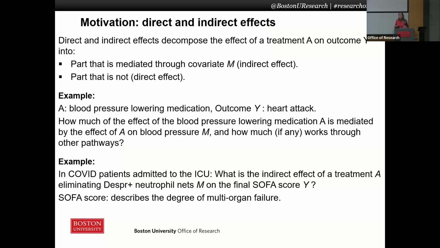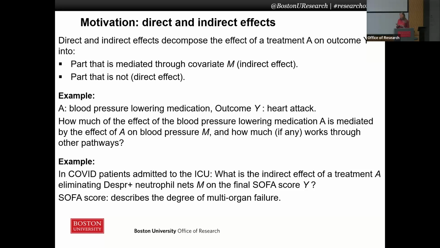For example, A could be a blood pressure lowering medication. The outcome Y could be heart attack, yes or no. The mediation question then is, how much of the effect of the blood pressure lowering medication A is mediated by the effect of A on blood pressure M, and how much, if any, works through other pathways? This is the standard mediation question.